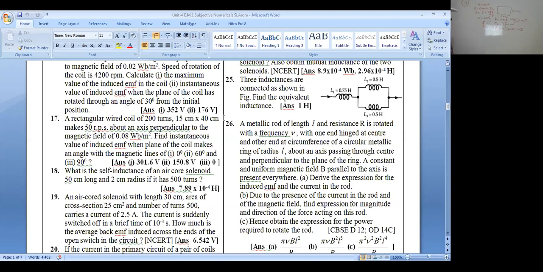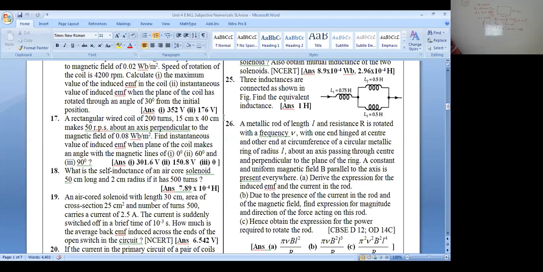The angle given is between the plane of the coil and the magnetic field, which is not what the formula needs. You have to find the angle between the normal to the plane of the coil and the magnetic field. So whenever it is given 0 degree, you take 90 degree. If it is given 60 degree, you take 30 degree. If it is given 90 degree, you take 0 degree.